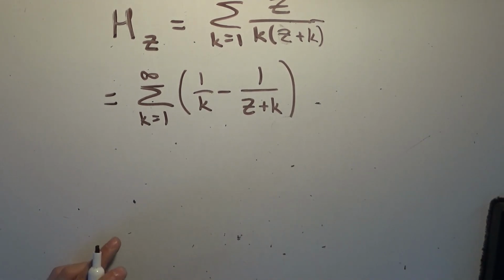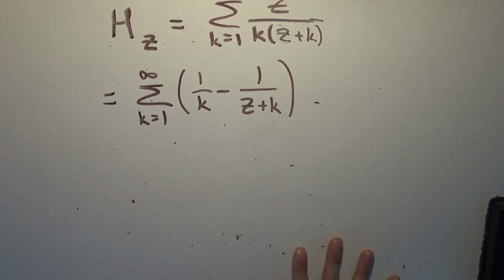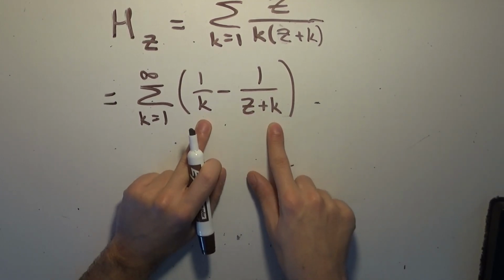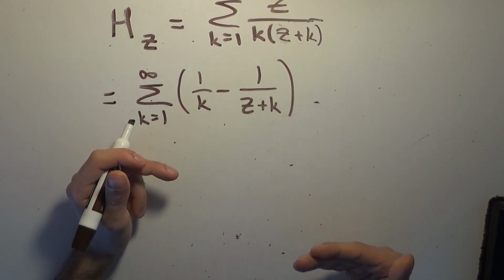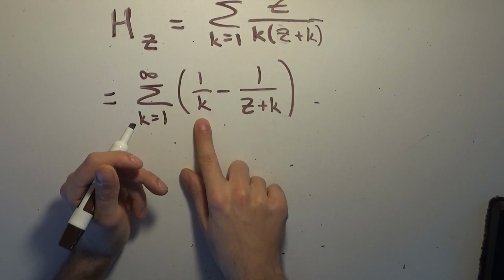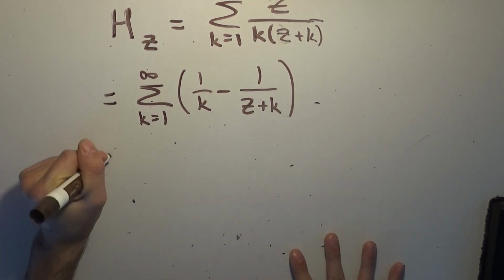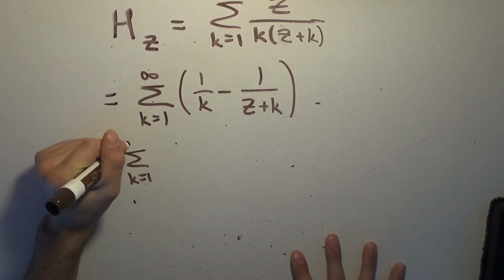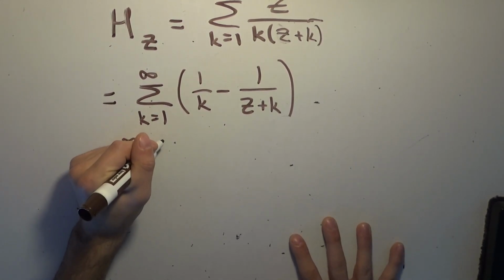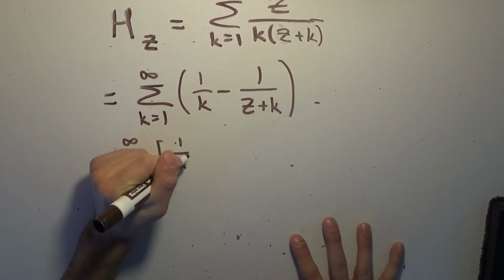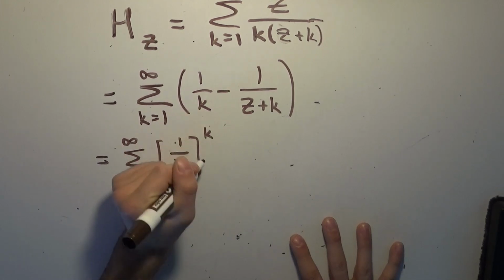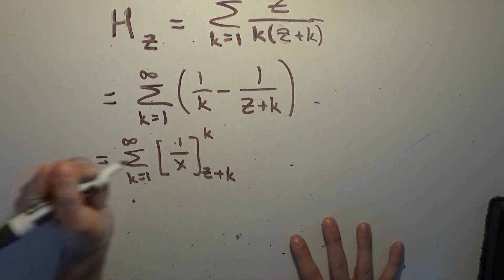Well, you can write it as a definite integral, right? Because you can think of k and z plus k as the inputs of whatever this integral is. So think about it. This is identical to saying we have the sum from k equals 1 to infinity of the function 1 over x evaluated at k and z plus k. Right?